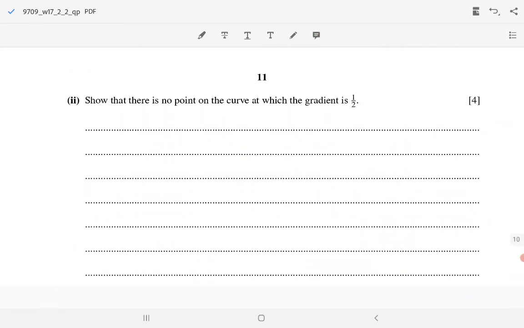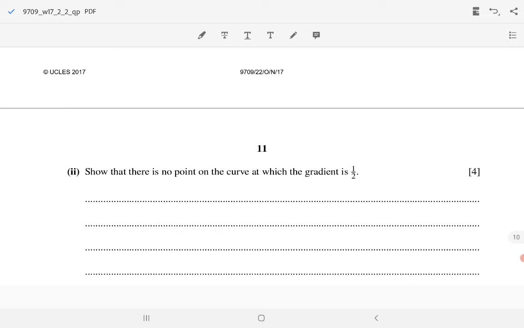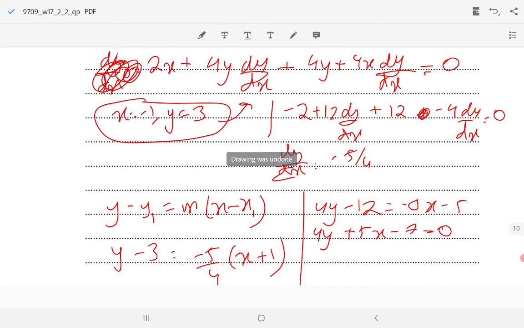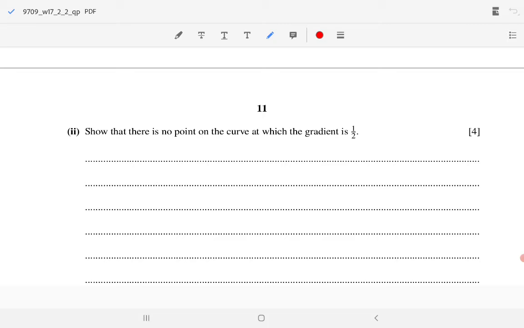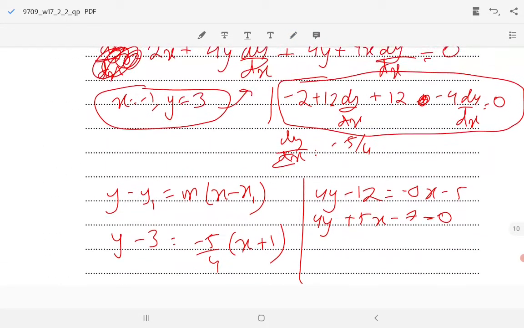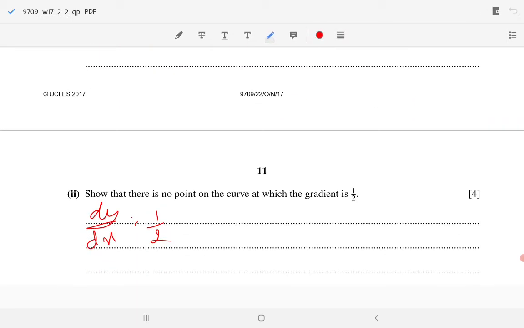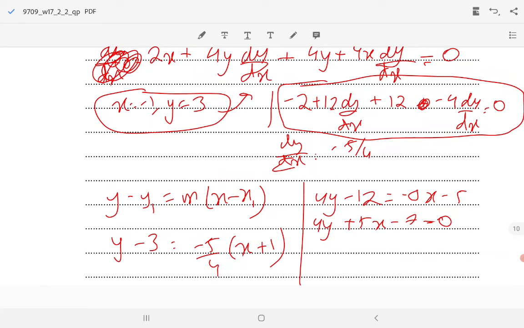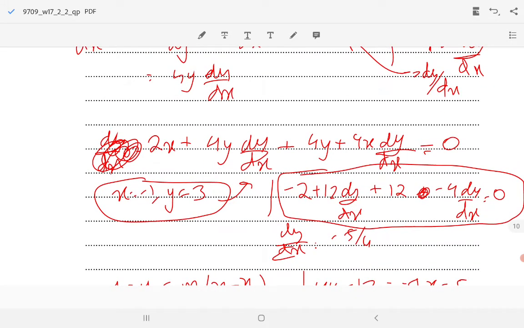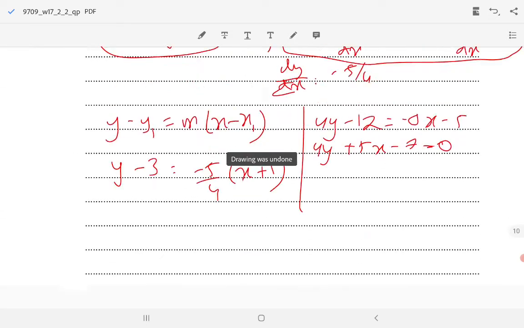Alright, now show that there is no point on the curve where its gradient is half. We have this derivative equation.